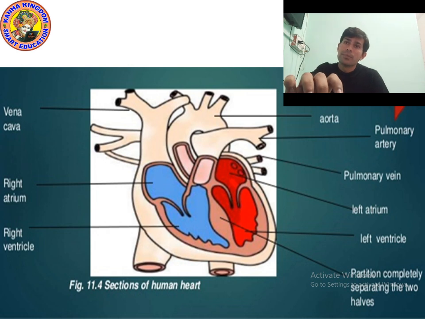Through the pulmonary veins it again comes into the heart, and from the pulmonary vein the blood goes into the left atrium, then to the left ventricle. Then from the left ventricle the pure blood is carried out through the aorta. This is the process.